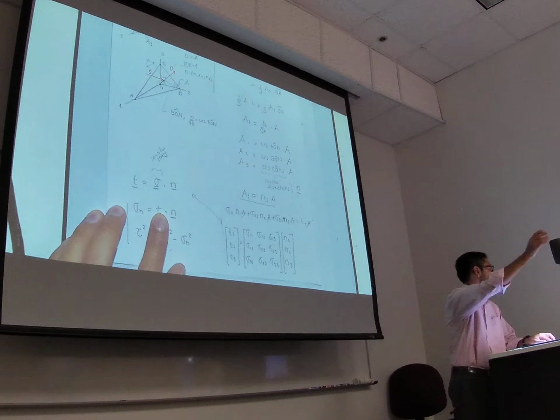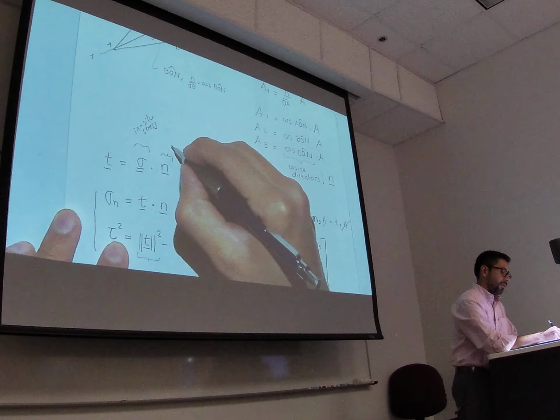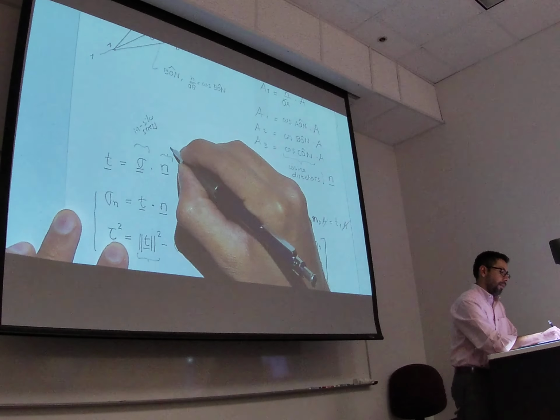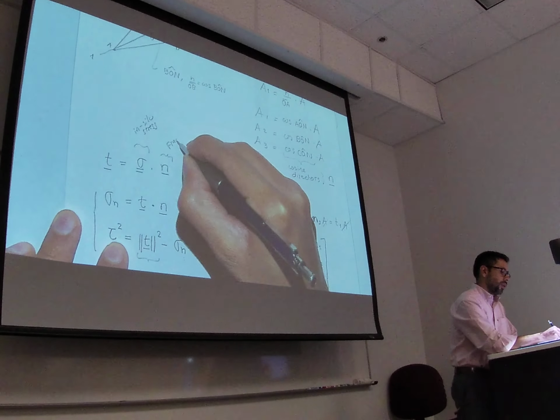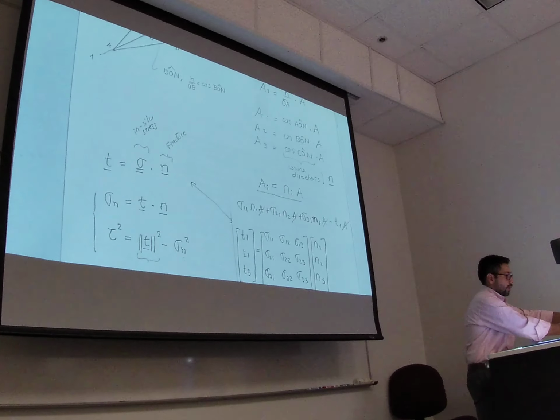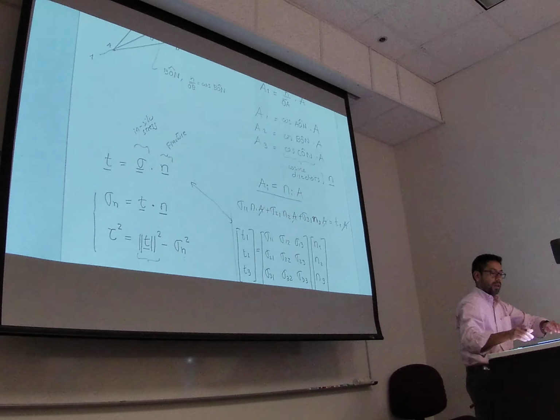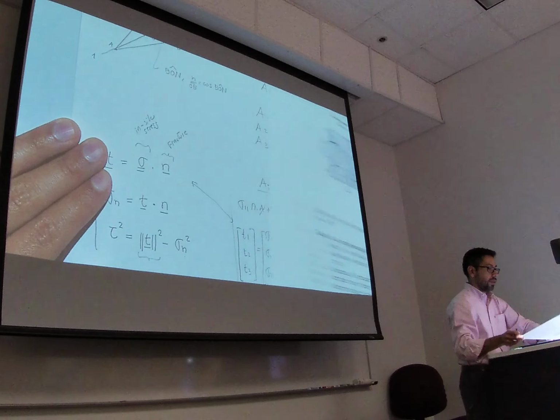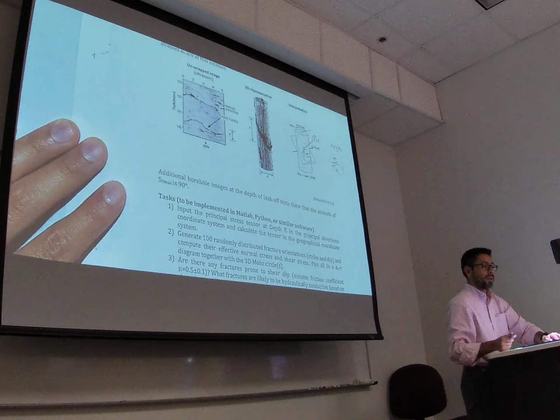And this vector n is going to come from a particular fracture or a particular plane. The objective in this project is going to be that we calculate all those values of tau and sigma n for a set of fractures.